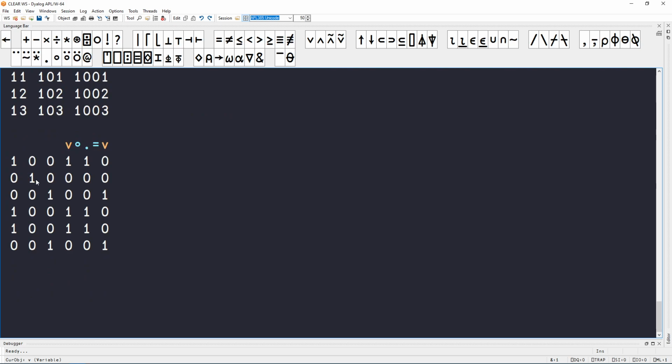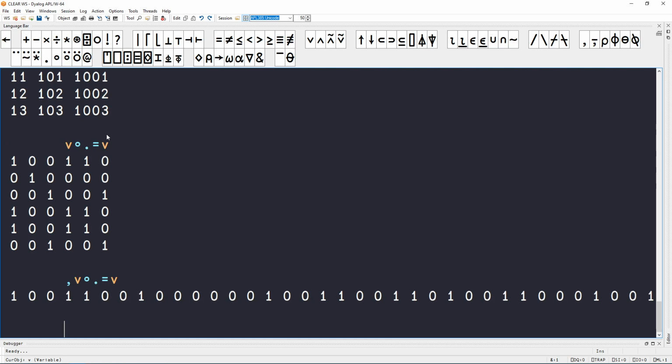But the other thing we can do is we know exactly how many 1s are in excess, so we can actually sum all of these up. The way we do that is by first ravelling, that is taking the matrix and building a vector with all the rows, then summing everything together.